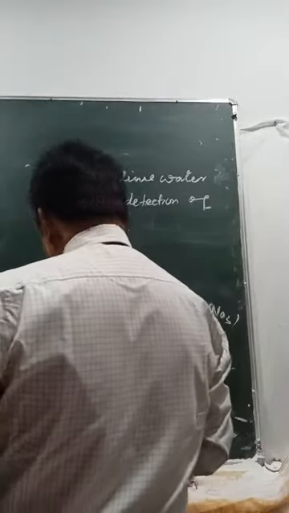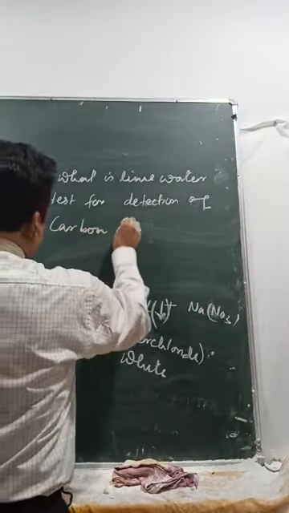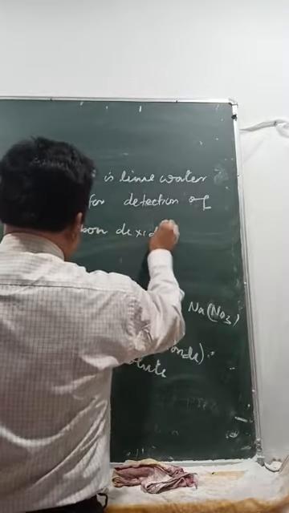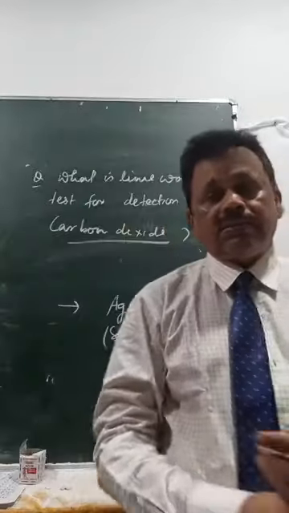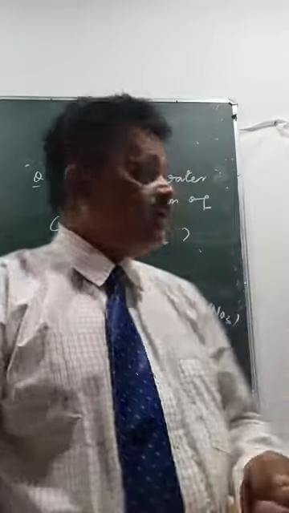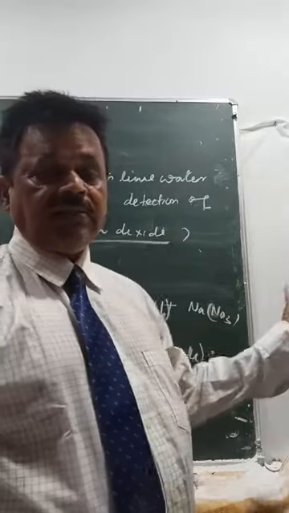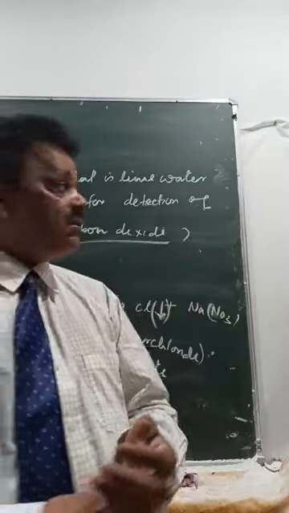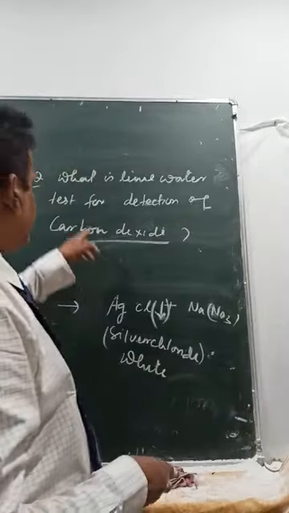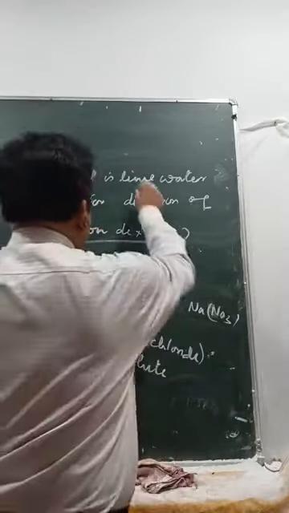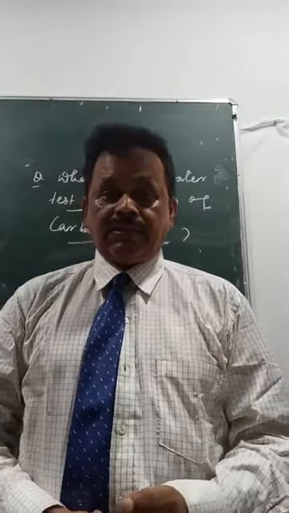This question I have already discussed when I was talking about whitewashing. So here is one precipitate form. You have to show what two reactions are involved, and the precipitate which will be found will be called, and from there you will find out what the lime water test is. If you cannot answer it, then I will discuss it in the next class. Okay.